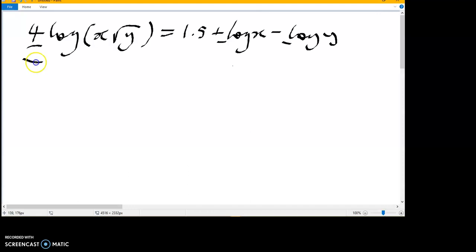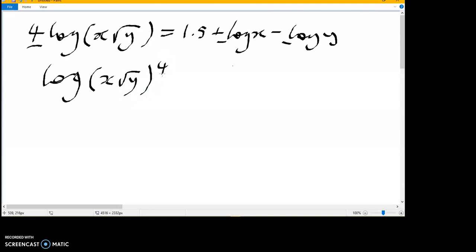Here we need to make sure that the coefficient is 1, so we write this as log of (x root of y) to the power 4.